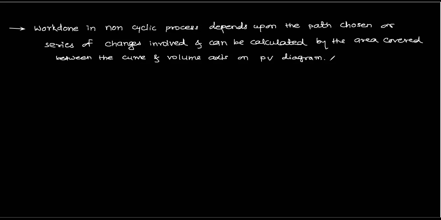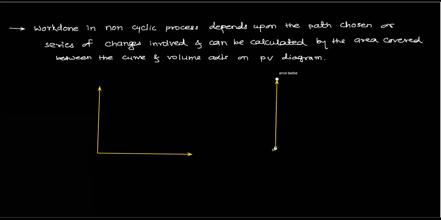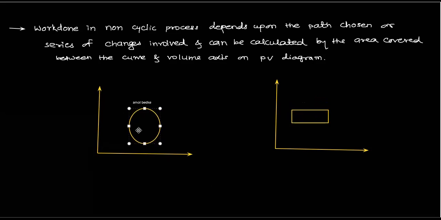How is it? Let's see. I'm plotting one graph here. You will get to know how the work is done. Because this is not a cyclic process, how will it be? It may be a half circle or something like that.